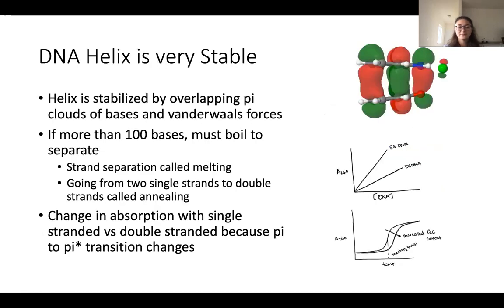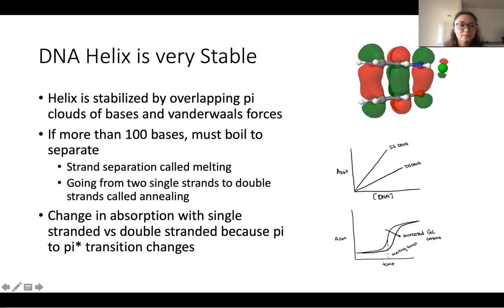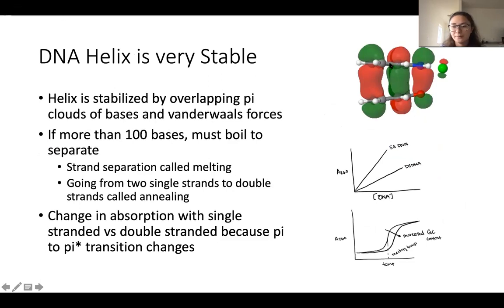And then also to mention, the DNA helix is very stable. It's mostly stabilized by these overlapping pi clouds. This image is from benzene rings, but you know the pi orbitals are above and below the plane of the ring.